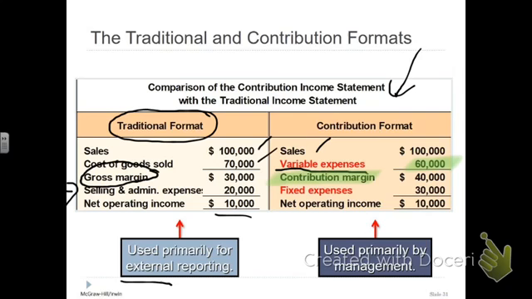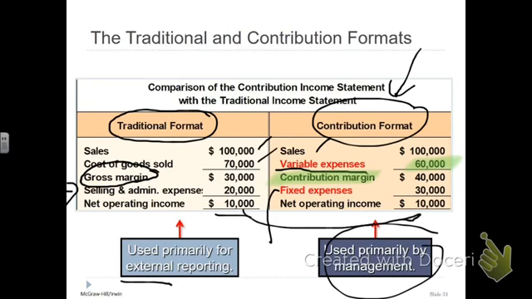The idea behind the contribution margin is that it is the amount of money that can contribute to covering your fixed costs. You then group all of your fixed costs, in this case 30 grand, and that gives you, in this case, 10 grand. This format is used a lot by management.